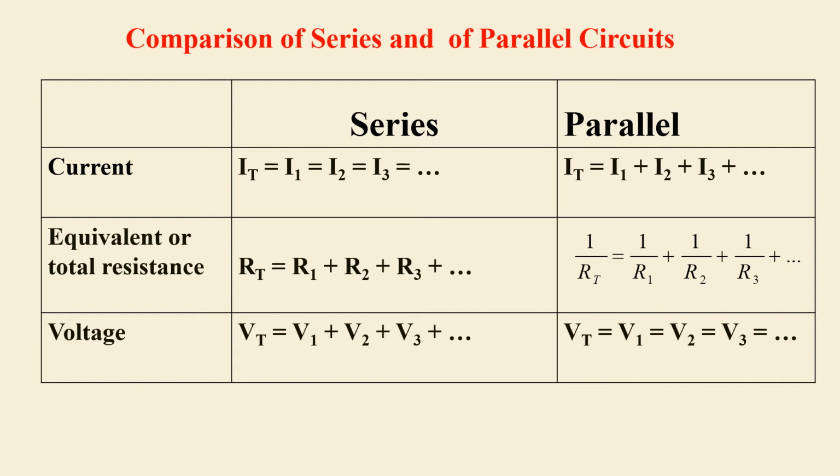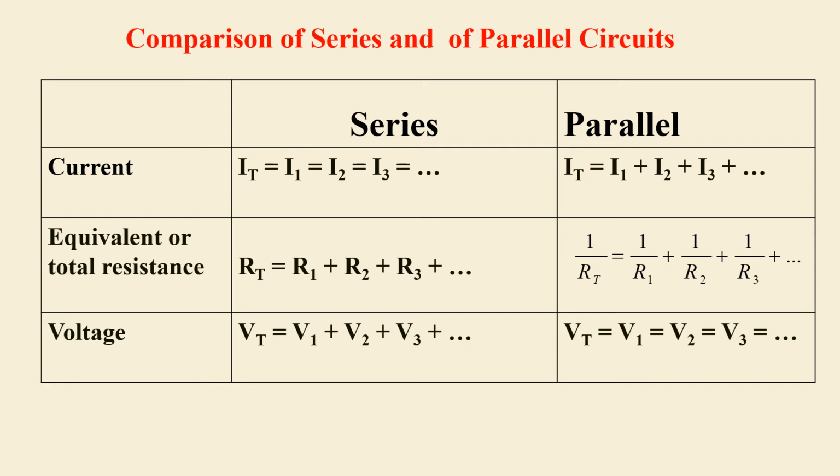While to solve for the equivalent or total resistance in parallel connection, we first find the reciprocal of the total resistance, which is equal to the sum of the reciprocals of the resistances, or 1 over R sub t equals 1 over R1 plus 1 over R sub 2 plus 1 over R sub 3 and so on.